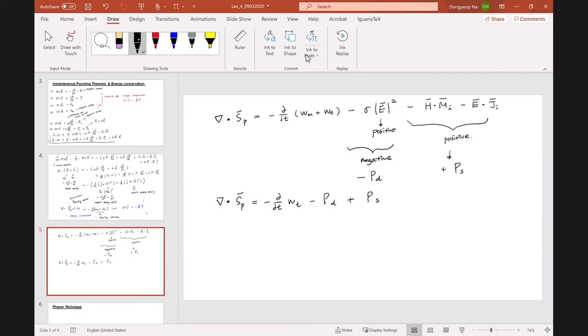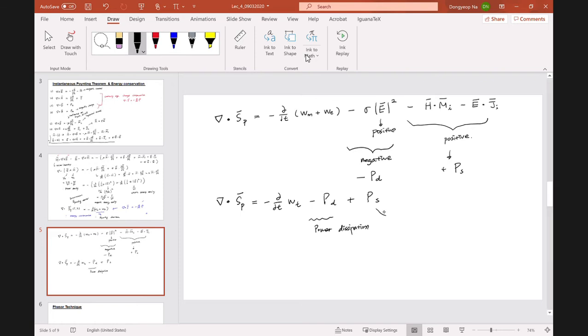We have another term here on the right hand side, PD and PS. PD means the power dissipation in conduction media. In conduction media, the electric field is converted to current, so the power is consumed in the conductive media.